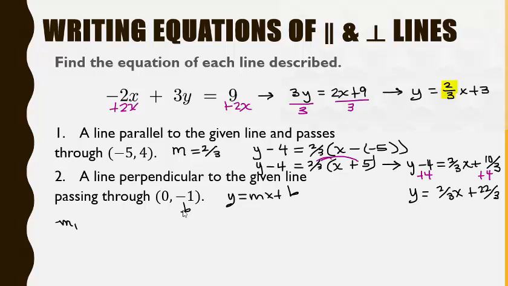Say m1 is 2/3. m2, the slope of the line we're trying to write the equation of, is the opposite reciprocal, so negative 3/2. So lastly, our equation is y equals negative 3/2 x minus 1.